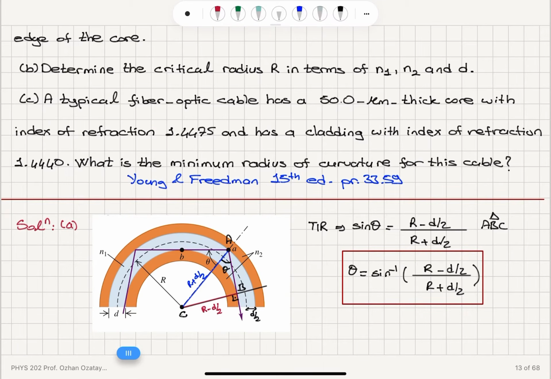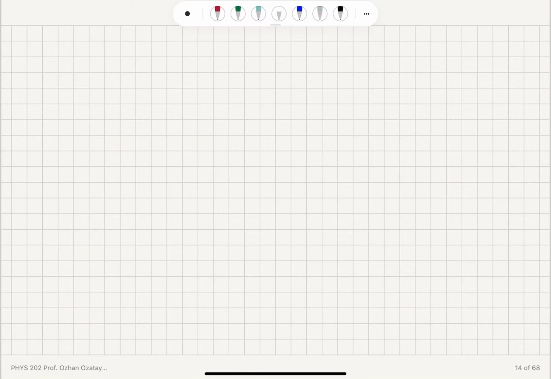Now in part B, we want to determine the critical radius R in terms of n1, n2, and d. The condition for total internal reflection at the critical radius is n1 sine theta equals n2 sine 90.